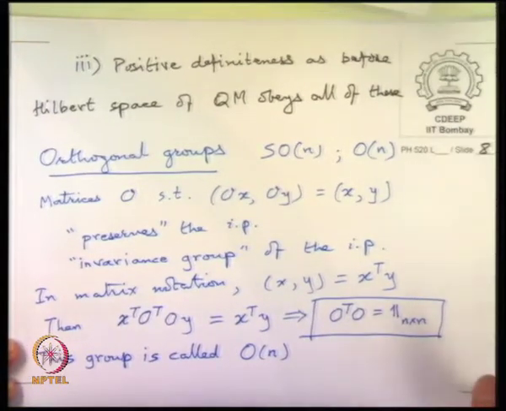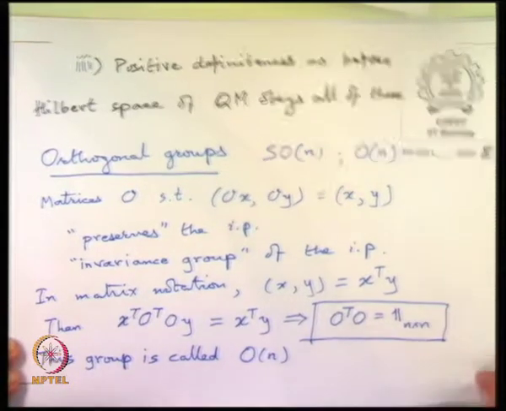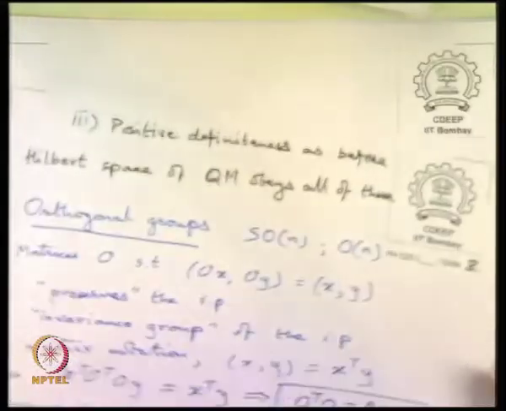And then in physics, we have to worry about one more thing. This O transpose O condition can also admit matrices that will flip the axes, mirror reflect the axes. So, further specialization.